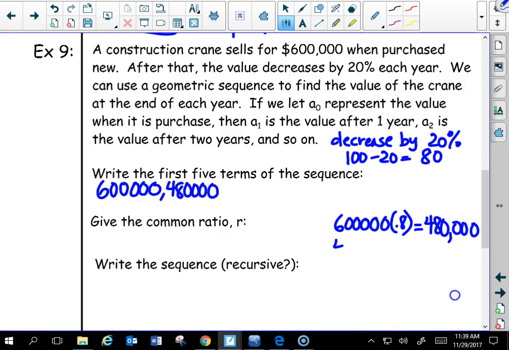Now, I'm going to take the $480,000 and multiply that by 0.8. That'll give me the value after the second year. That turns out to be 384,000.